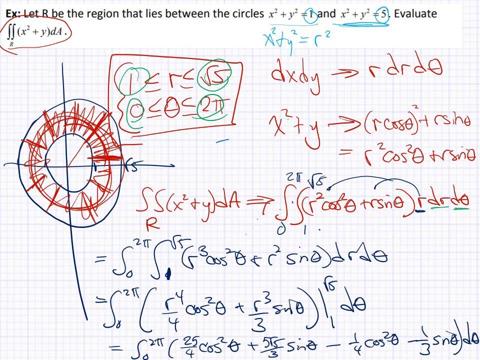So now we have to just do that integral. And once we finish that set of integrals, we're done. You may say, well, that doesn't look that easy. Well, it's actually not too bad. So let's look at that.